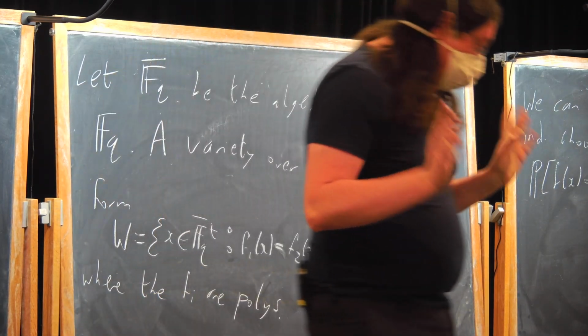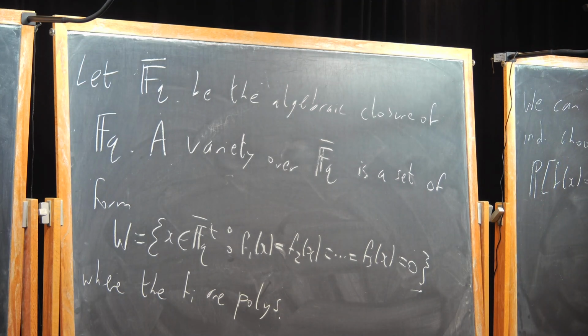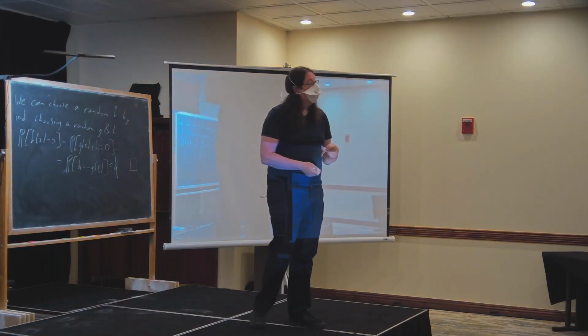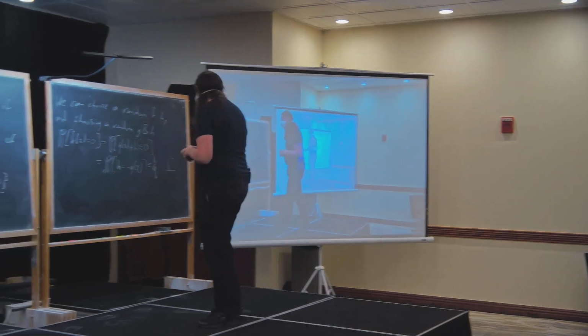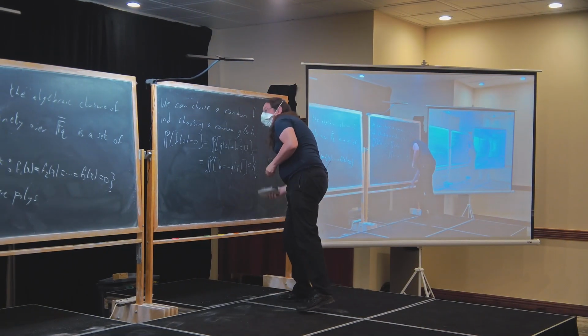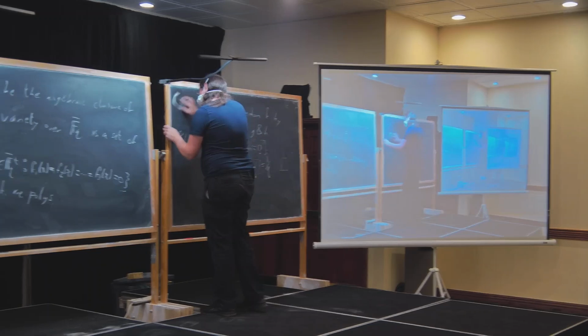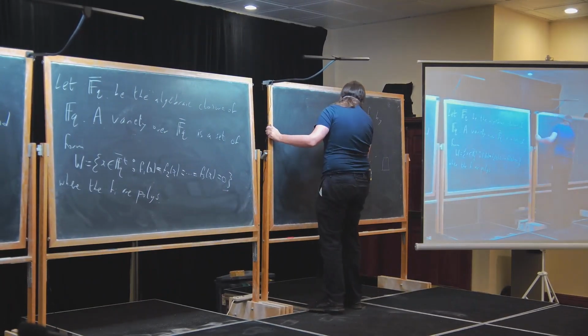That's a variety. It's a standard thing. You're basically taking a polynomial, looking at its solution set, and taking the intersection of those things. And this is classical algebraic geometry.